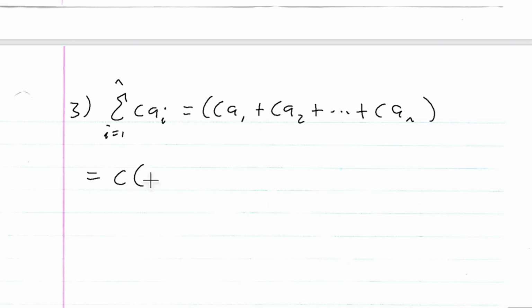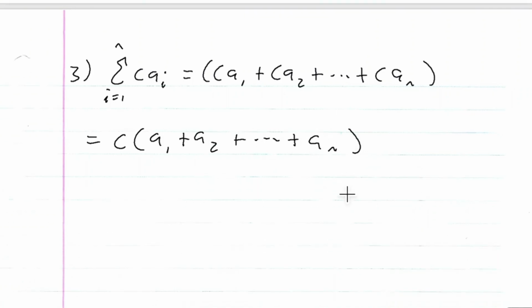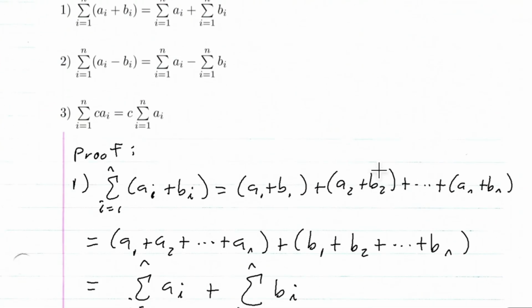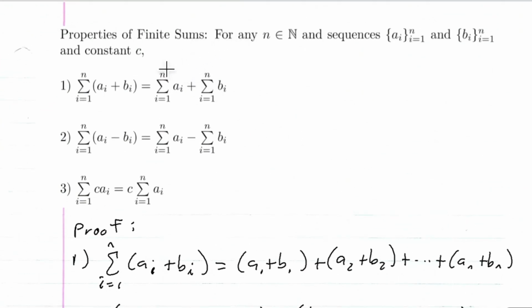So this will be c times a sub 1 plus a sub 2 plus dot dot dot plus a sub n. And of course, that is just the sum from 1 to n of a sub i. So c times the sum from 1 to n of a sub i. And that is the proof. We proved all of these properties for finite sums.